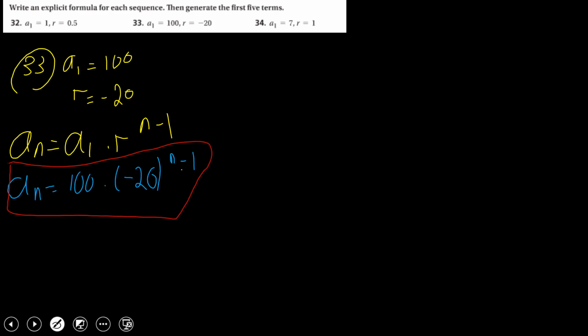Now, if I ask you to find a sub 2 as an example, what would you say? You say it is 100 times negative 20 raised to the power 2 minus 1, which is 1. 100 times negative 20, so it is negative 2000. This is a sub 2.